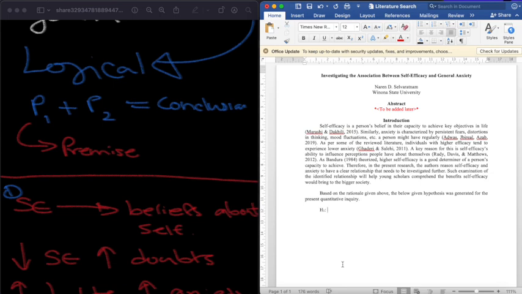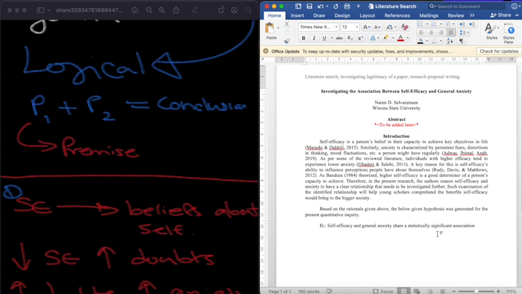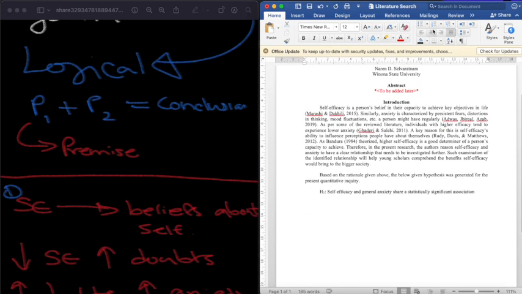So self-efficacy and general anxiety share a statistically significant association. Or if not, you could say there's a statistically significant association between self-efficacy and general anxiety. So this would be your hypothesis. Okay. Now, this is your basic introduction, and then let's come up with a simple method section as well.